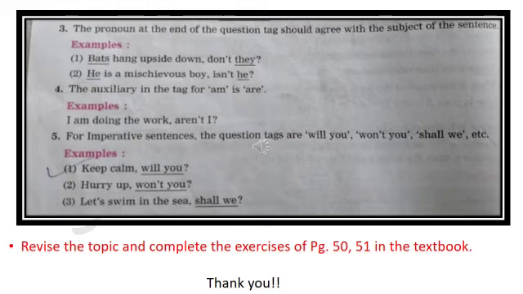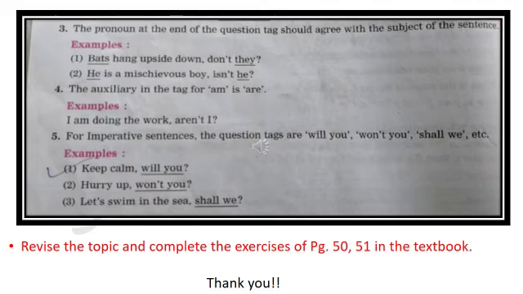So whenever you write, the subject of the sentence should agree with the pronoun at the end of the question tag. See the next one. He is a mischievous boy, isn't he?